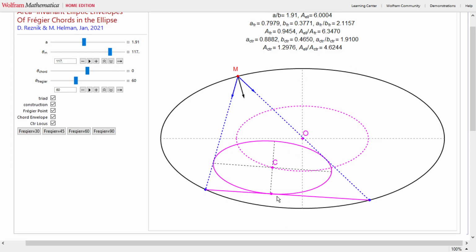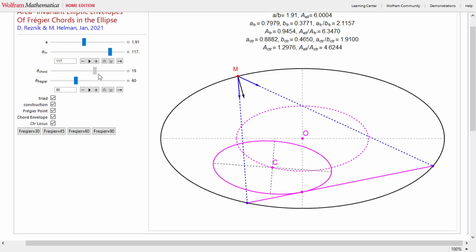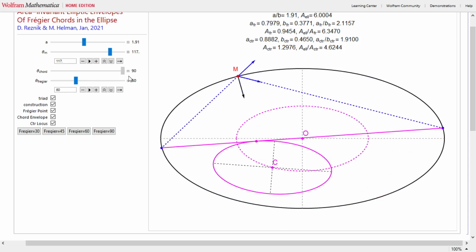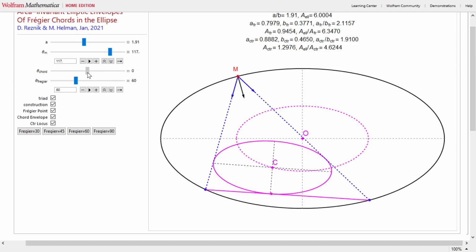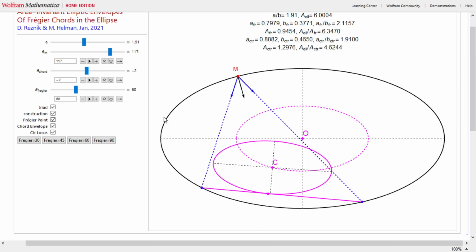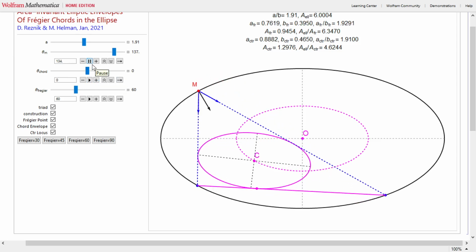So now I have the locus of my envelope that can be inscribed in the triangle if I'm at an angle. I think I had 0 here, right? Yes. So let's animate this and try to understand this phenomenon.